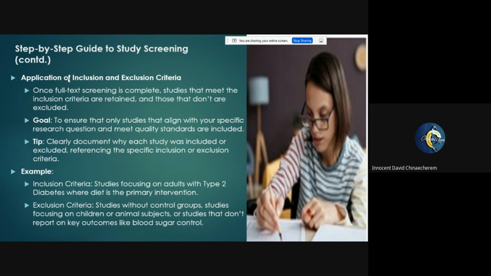So an example is if we're looking at studies that are actually focusing on type 2 diabetes, like these diets that we talked about, right? If we start looking at the study based on applying our inclusion and exclusion criteria, or what we used to call our eligibility criteria, then it means that the studies that are without control groups, maybe focusing on children, animal studies, when we look at the full text, and maybe not reporting the keywords like blood sugar control, when we open the full PDF of the study, then we will have to do what?